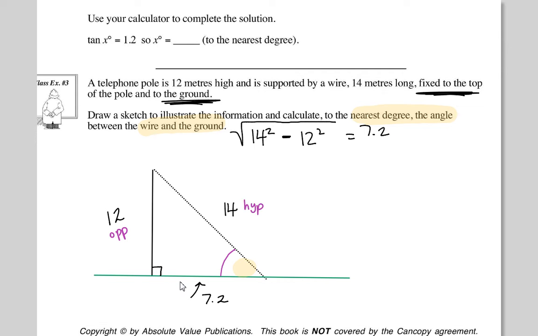Now this is the thinking that you have to do. You go into the vast depths of your knowledge and you are whispering to yourself as you write this test, SOH CAH TOA.